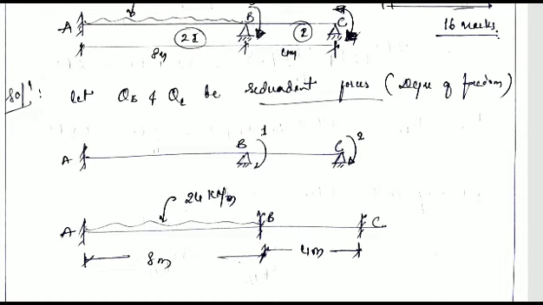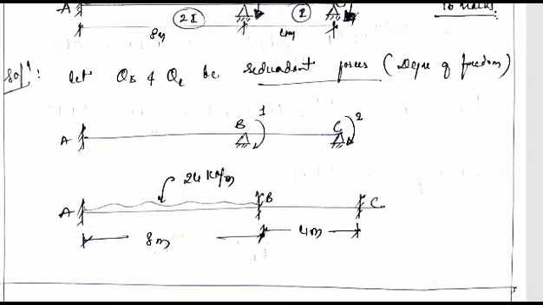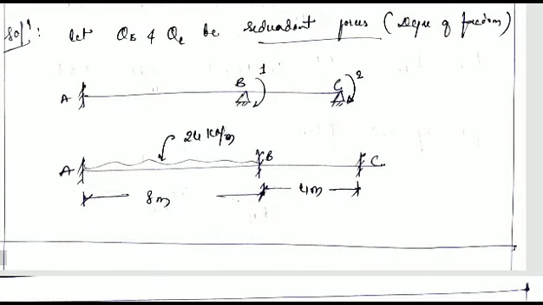The third step is to find the fixed end moments. To find the fixed end moments, we assume individual beams to be fixed at both ends. For the given external loads, we need to calculate the fixed end moments. So here A, B, C, we assume all ends are fixed individually and subject to the external loads. AB is an 8 meter span, BC is a 4 meter span.